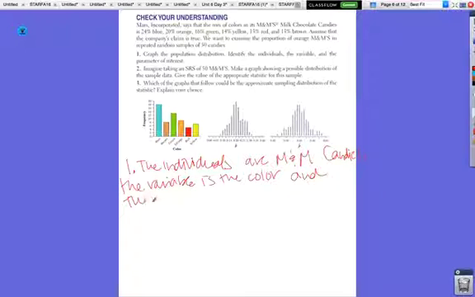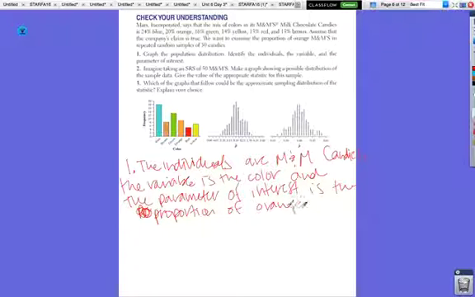And the parameter of interest is the proportion of orange candies.